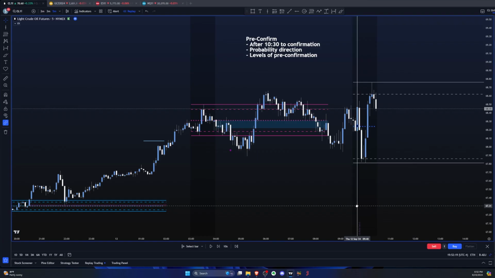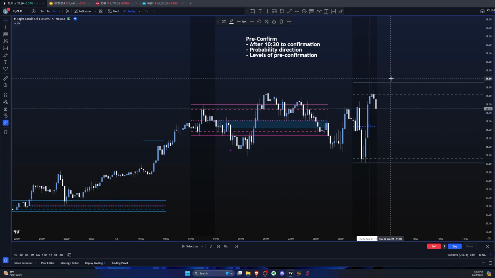But what I'm waiting for is a better indication of what the box formation might be. We've talked about the box. Is it going to be a bullish box or a bearish box? You get that somewhere between 9:55 and usually around 10:10. By 10:10, I have a good idea of whether I have a strong bias toward a long confirmation or a strong bias toward a short confirmation.